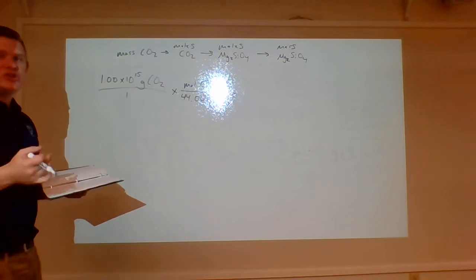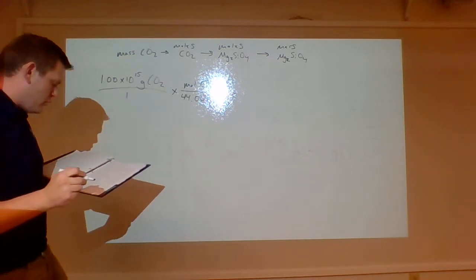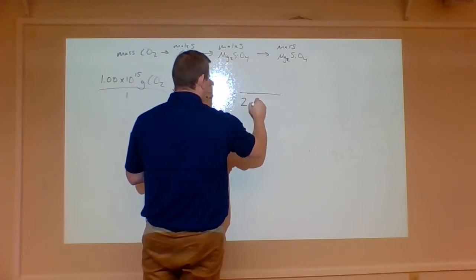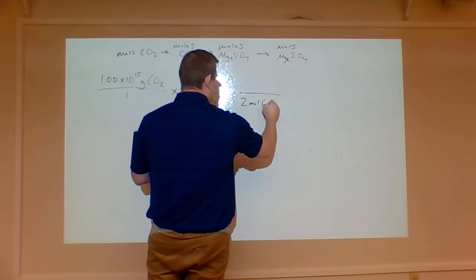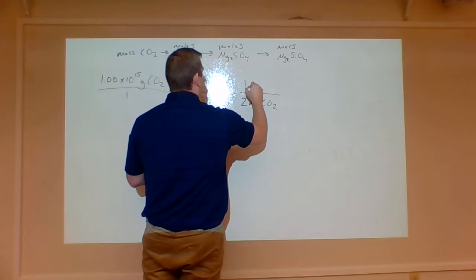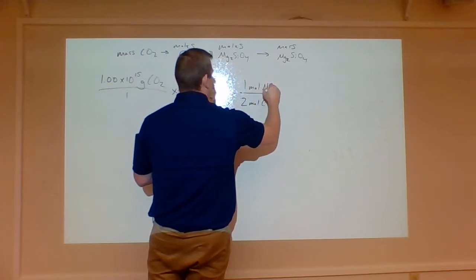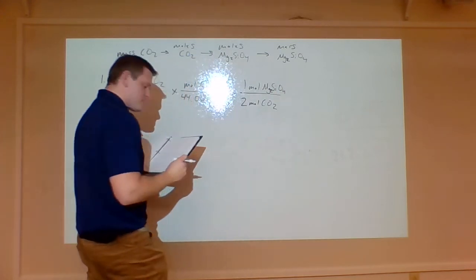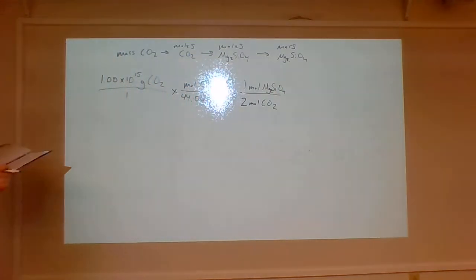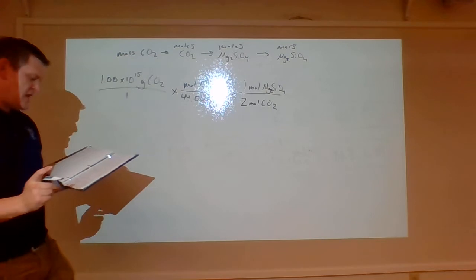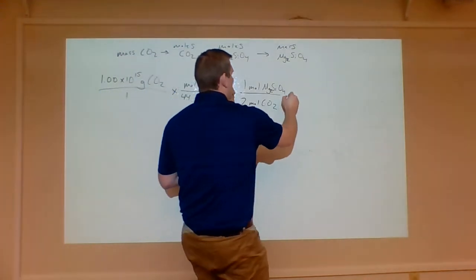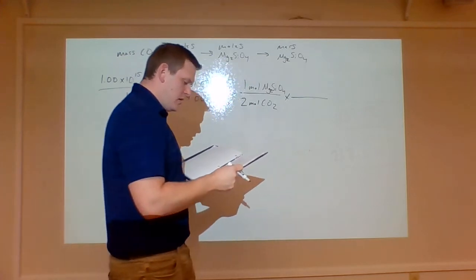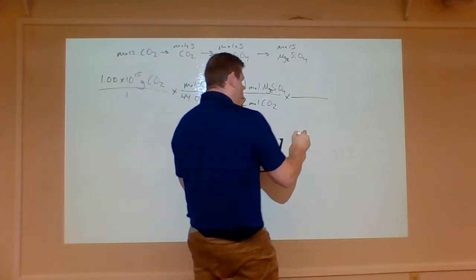Based on our molar ratio that was given to us in the chemical equation, we can see now that for every 2 moles of CO2, there is 1 mole of the Mg2SiO4. And then we use our molar mass to convert our number of moles into number of grams.